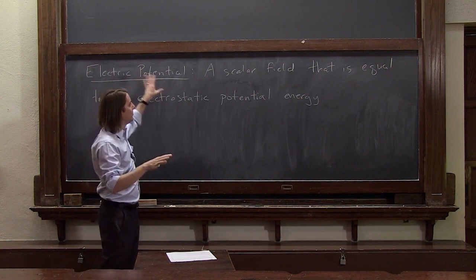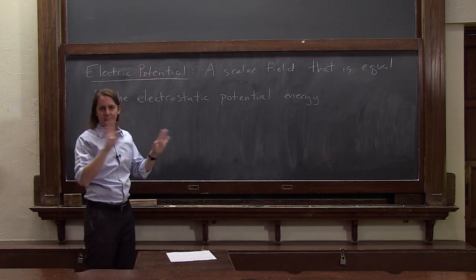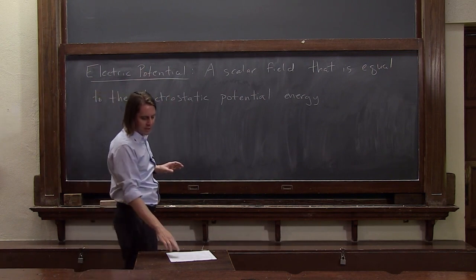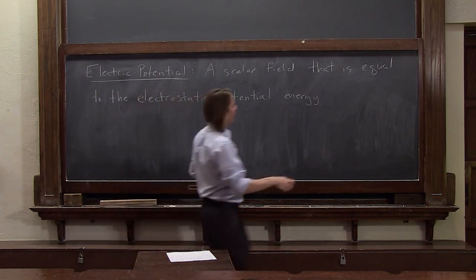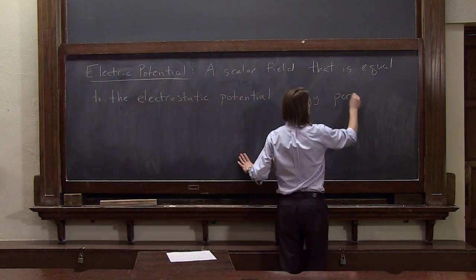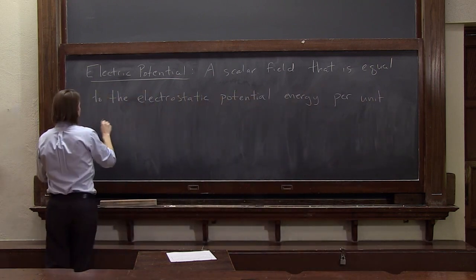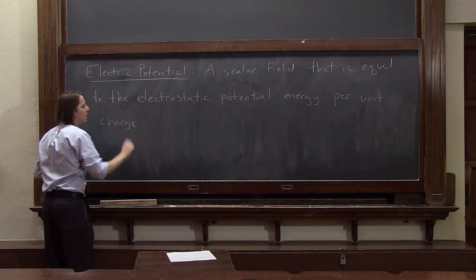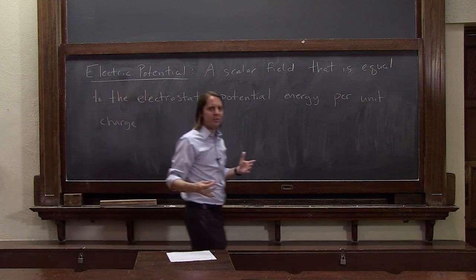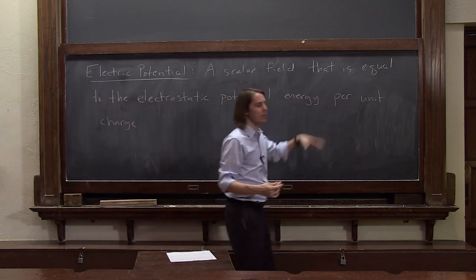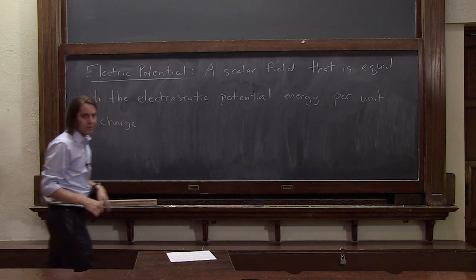Not the same as the potential. It's the potential energy. And we'll be calculating it and talking about it in more detail. Per unit charge. This is what makes it special. Per unit charge. This is how it's analogous to the electric field. The electric field is the force per unit charge. This is the energy per unit charge.